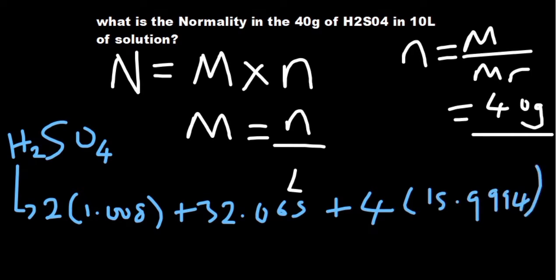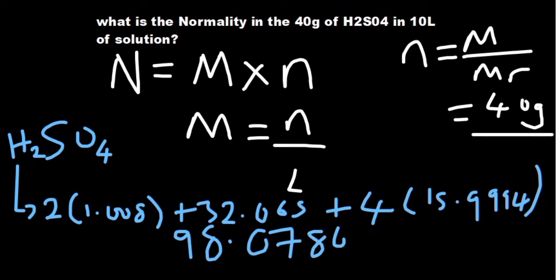So you have 2 multiplied by 1.008 plus 32.065 plus 4 by 15.994. So we have 98.0786 grams per mole. So this is our relative molecular mass of what?